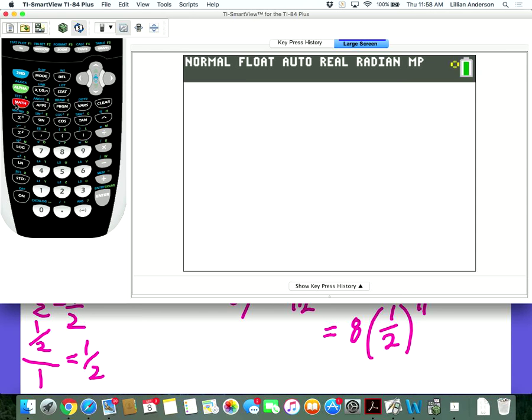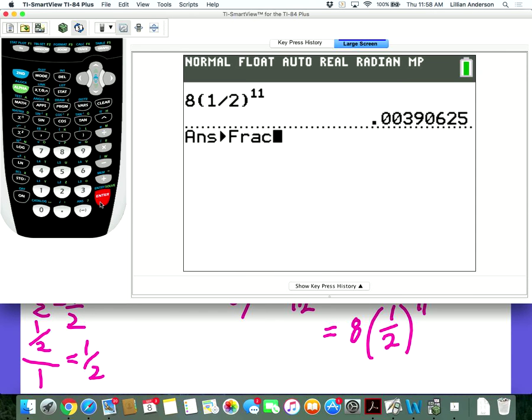You go to math, fraction, enter. Because then you'll be just raising 2 to the 11th power, not 1. So it's 1 times 1/2 to the 11th power, which is 1 over 256. So your answer is going to be 1/256.